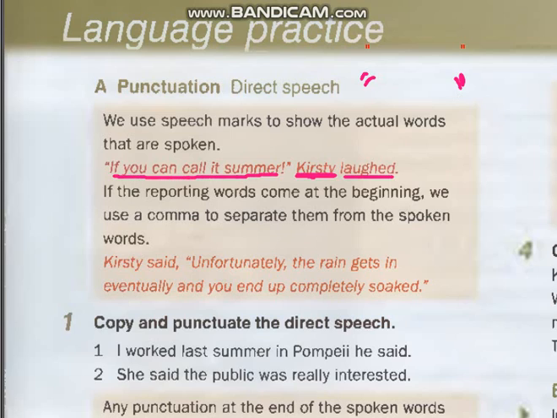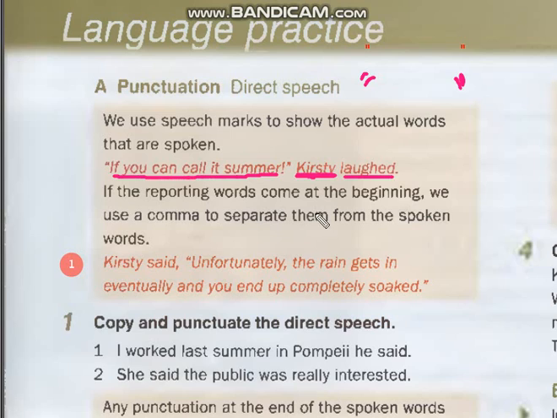We have the first step or the first idea. If the reporting word comes at the beginning, we have to write a comma and then speech mark and the spoken words. If the speaker and the reporting word said come at the beginning, we have to add a comma.